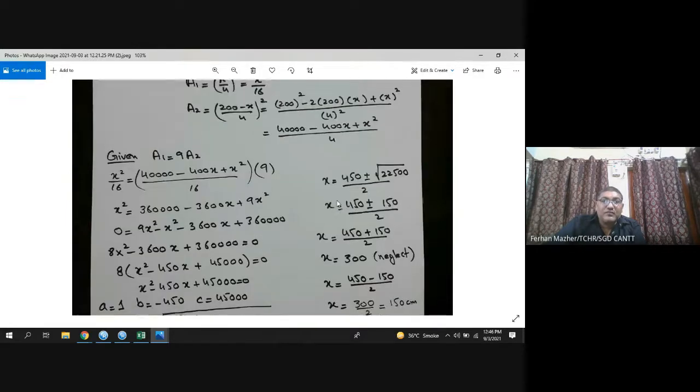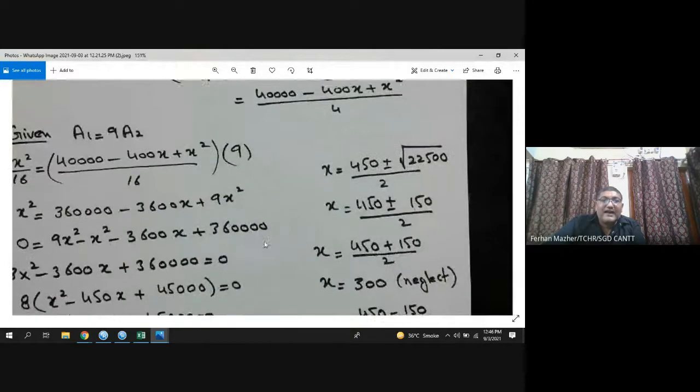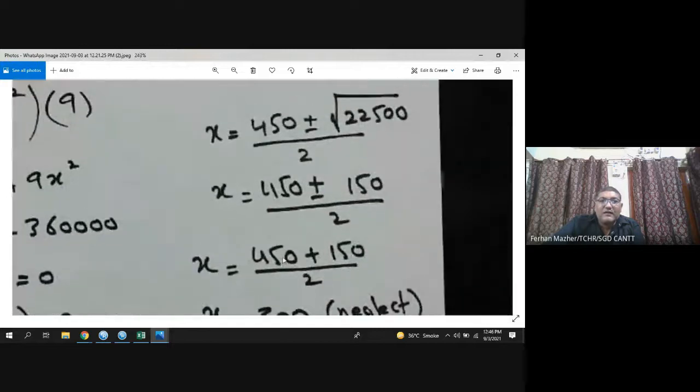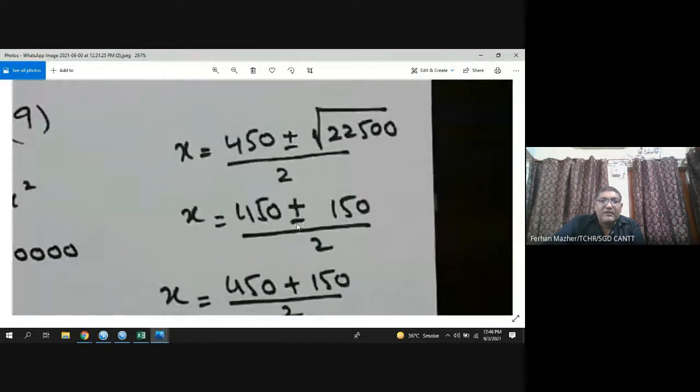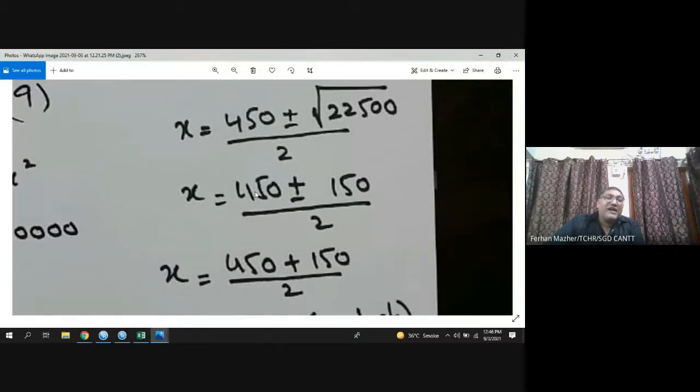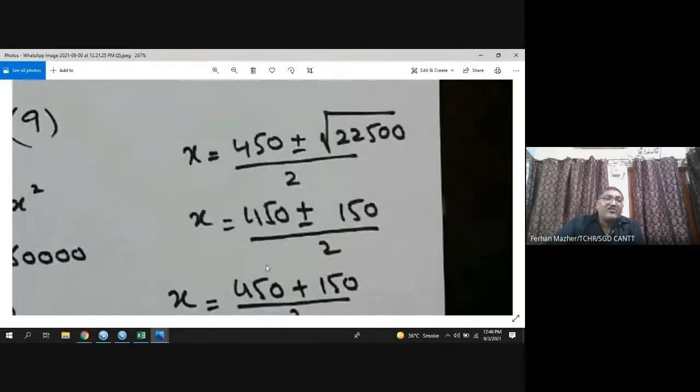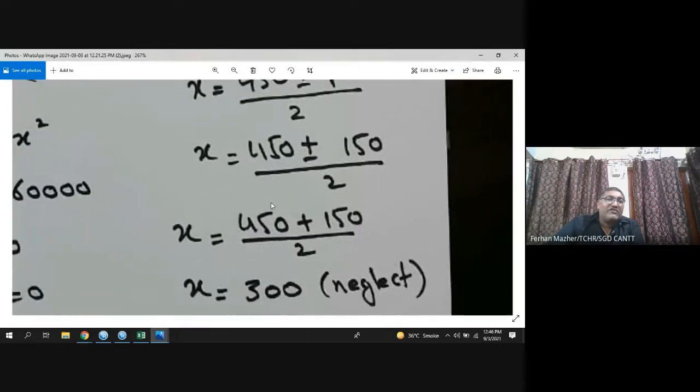So here you can see I have done the next part, and here we go. It will be 450 plus minus under root 22,500, the whole thing divided by 2. When I take the square root of 22,500, it is 150.